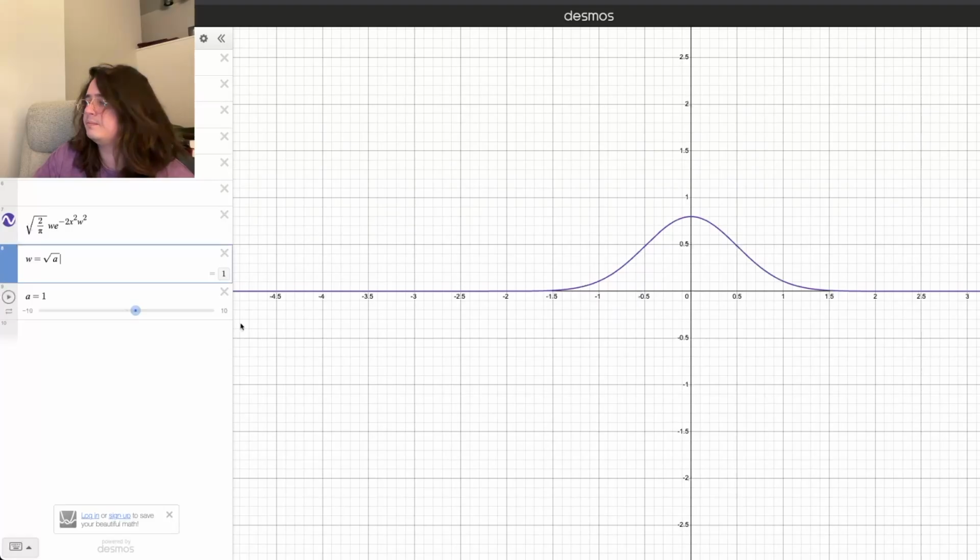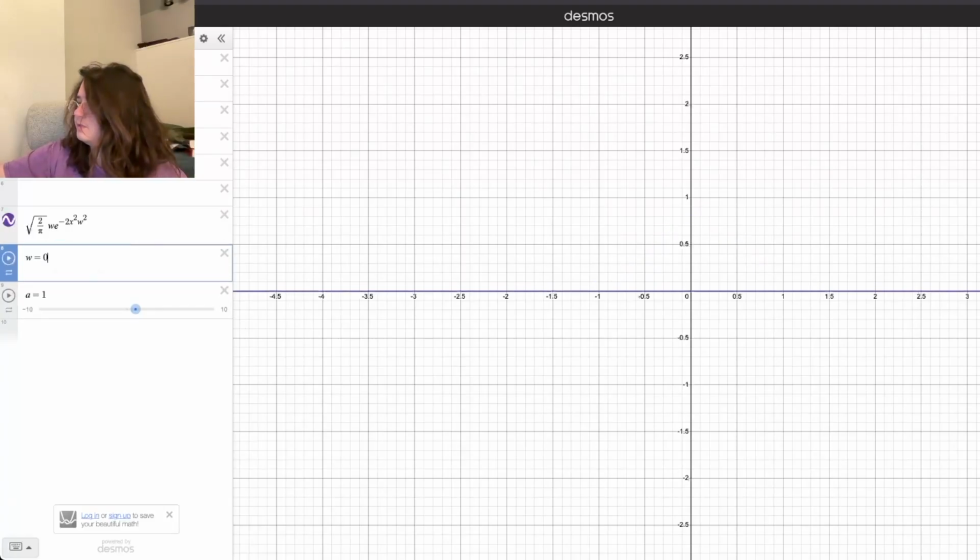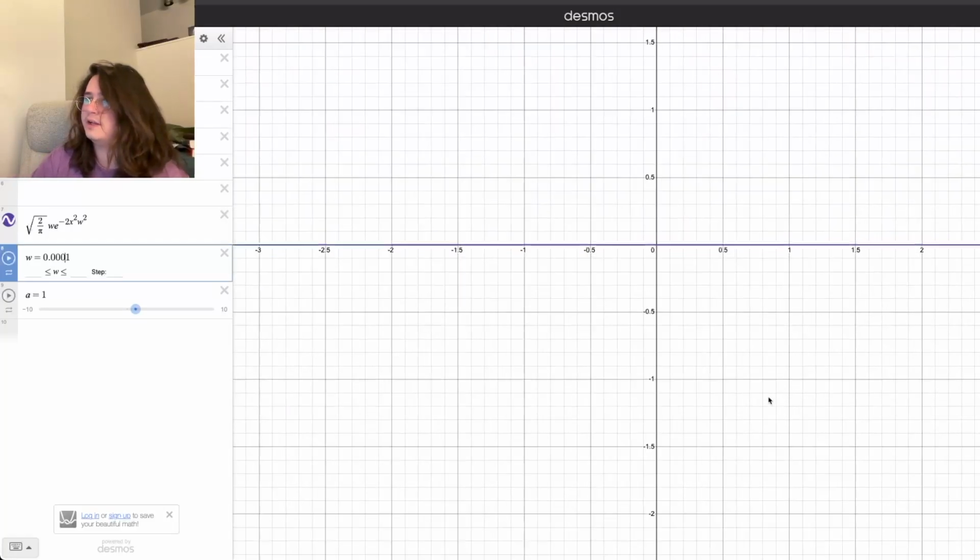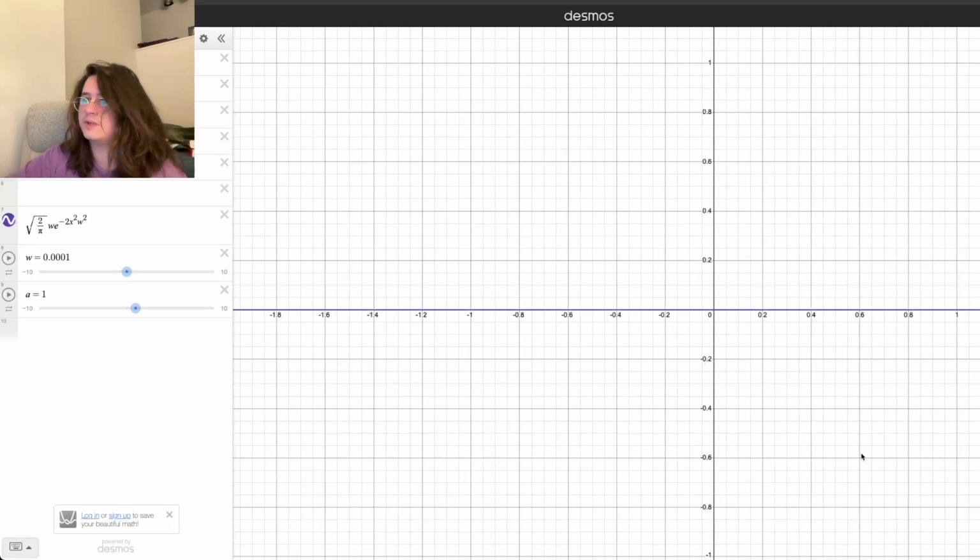But if you let t go to infinity, now you let w become really, really small. So I'm going to instead write 0.1 and then go smaller and smaller and smaller. And now it's basically just a straight line at 0.